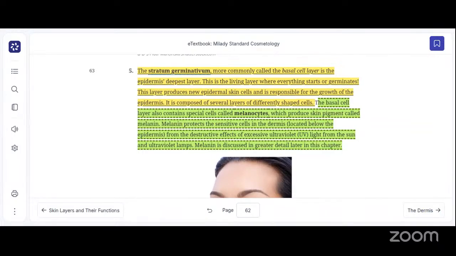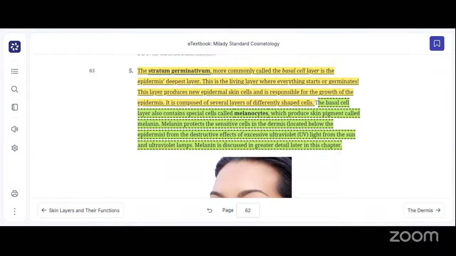So melanin comes out as a protector. It's a coverer for the next sublayer of skin, the dermis. Melanin comes out and protects the sensitive cells in the dermis, located below the epidermis, from the destructive effects of excessive UV.